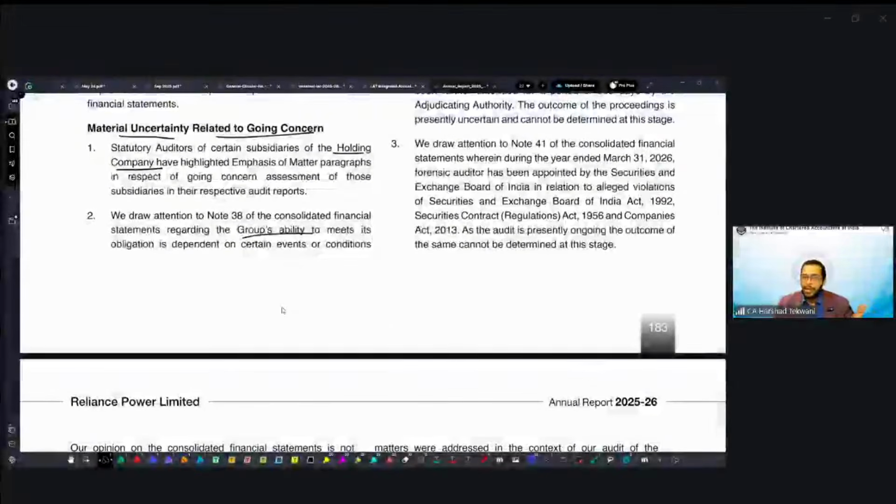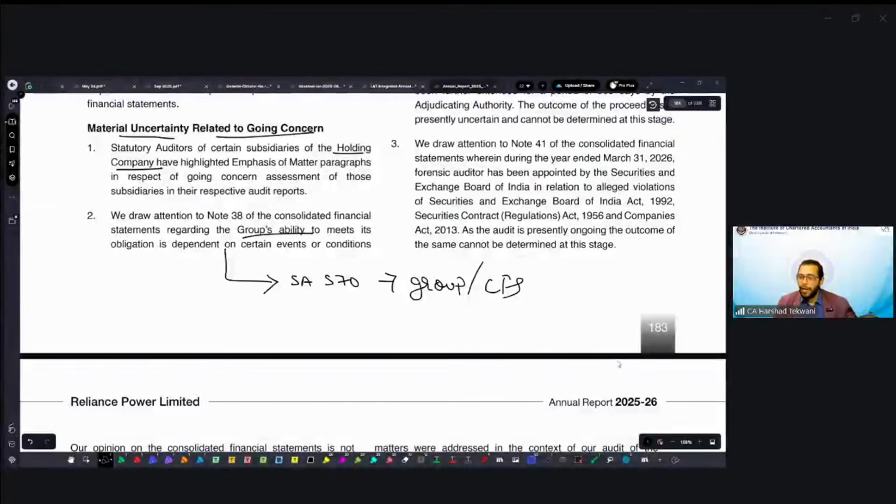Till now, you were seeing going concern only from the entity's perspective. But here, we are seeing application of SA 570 from the group perspective, from the CFS perspective. And accordingly, that has been provided over here.